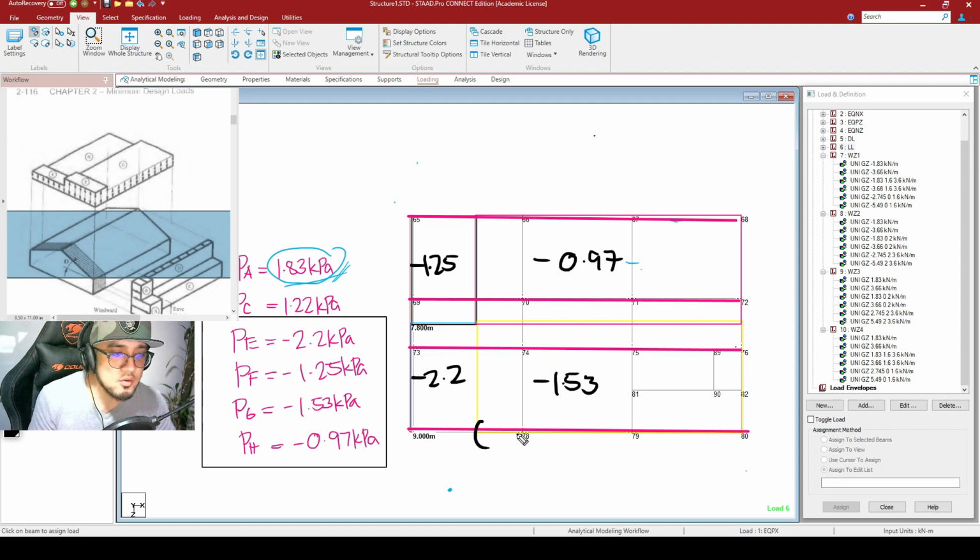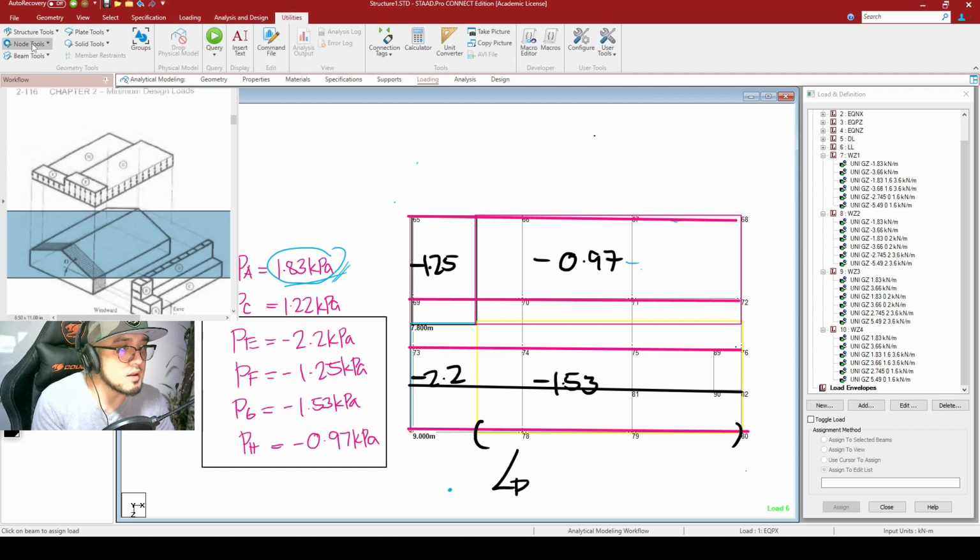Okay, so for the line load here, this is to be equal to the tributary width. I will just be displaying our node to node distance first. So utilities, node tools, then node to node distance. So this is to be 3 meters, this is to be 1.8 meters, and this is to be 3 meters.